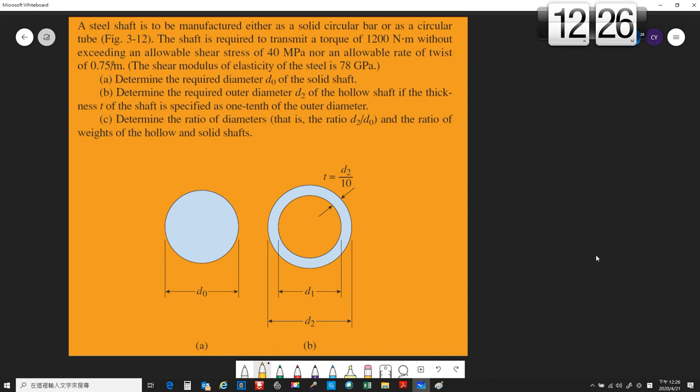So look at number 3. Read carefully. Determine the ratio of diameter and the ratio of the weight. What's the meaning of the ratio of diameter D2?